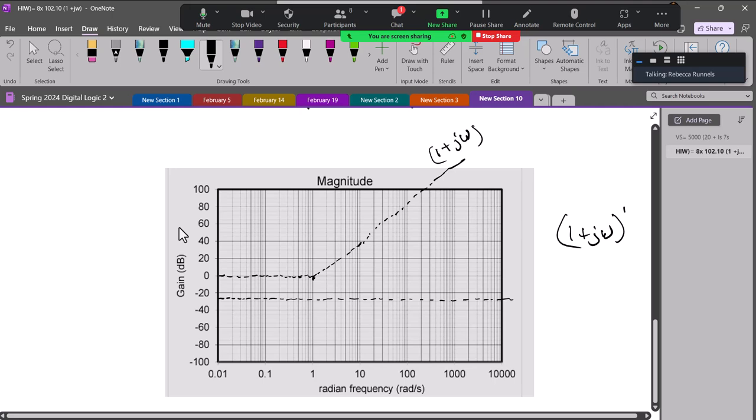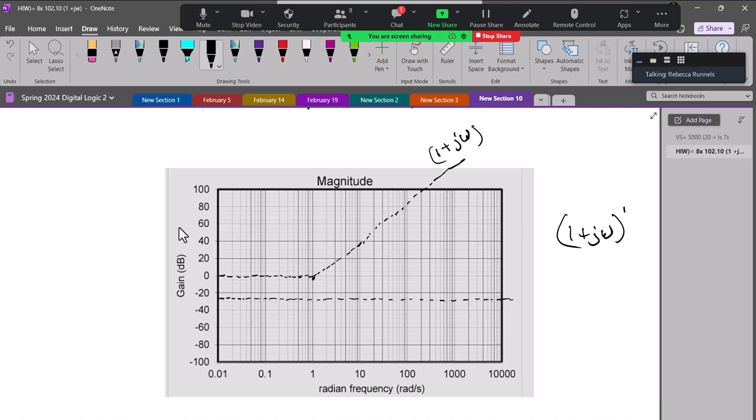So that would be, wait, did I make this go? I did, I went too far, hold on. It's not a good slope. 20. And then this one will have negative 20.